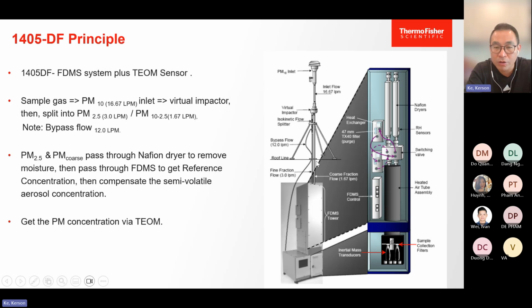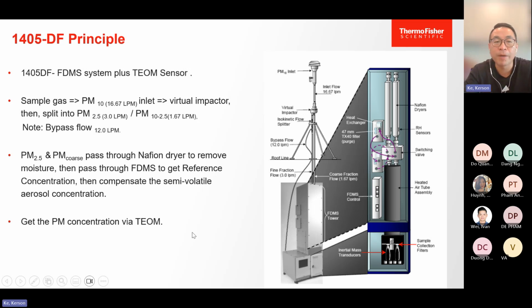When they go, this is on the roof of the analyzer house. So it goes now to the analyzer itself, and we zoom in. There will be two dryers to remove moisture, and then all the way to the TEOM.